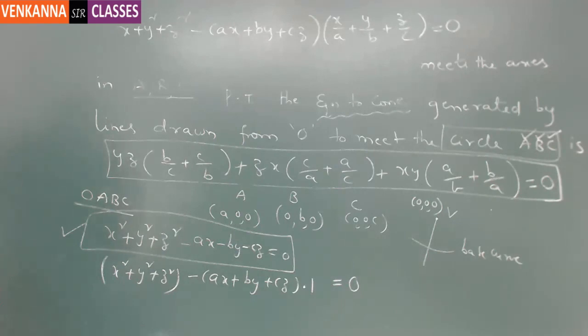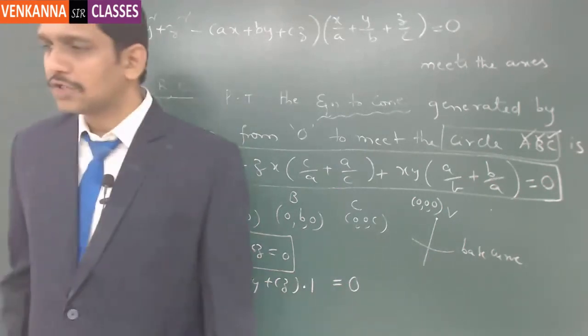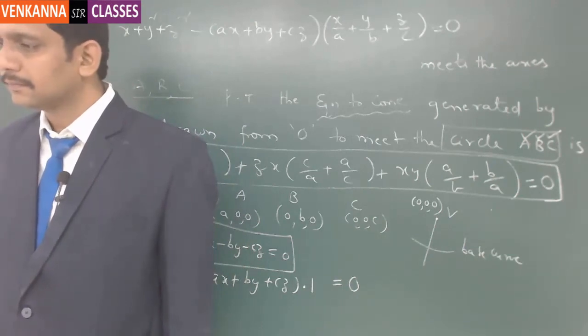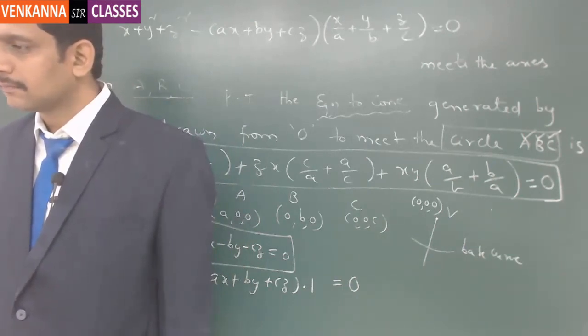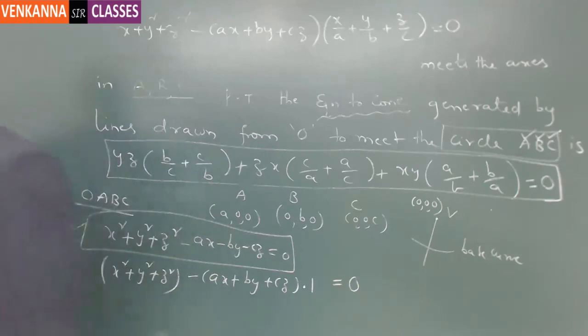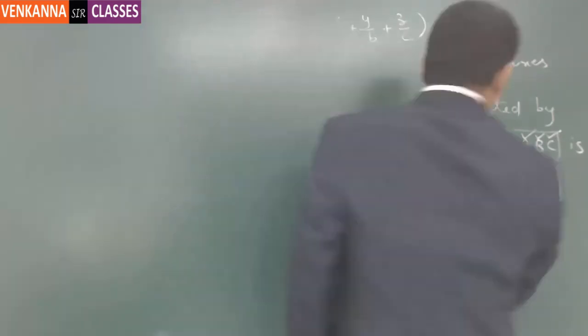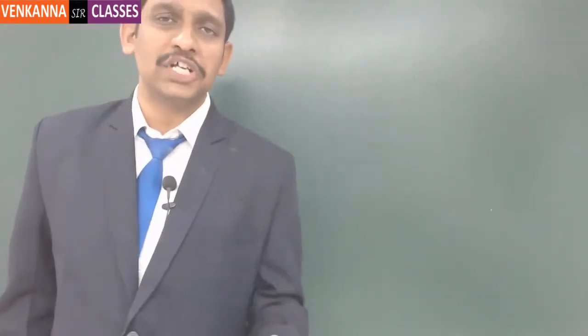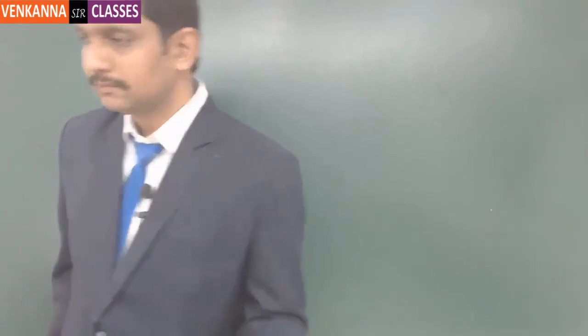Fine. Any other doubts? Right. Then I will take the next question. Another technique of finding a cone equation is that if you make a given equation homogeneous, that always gives the required cone equation with vertex at the origin. That was the idea here in solving the problem.